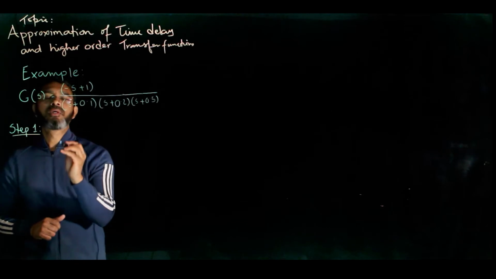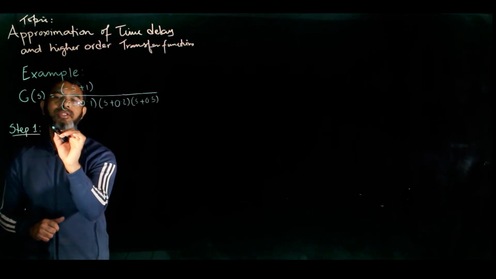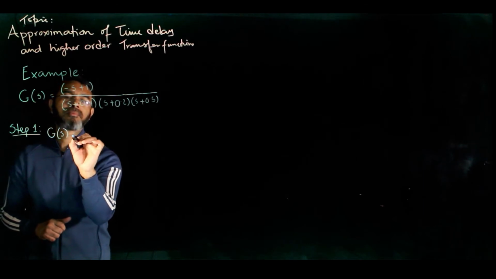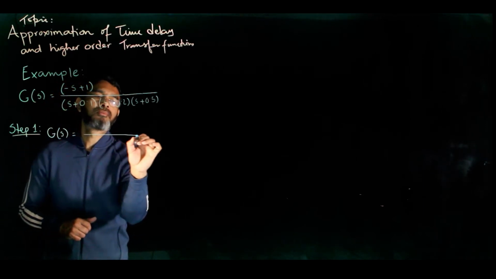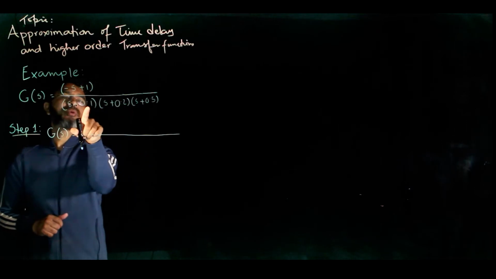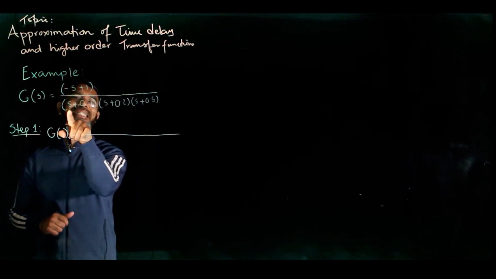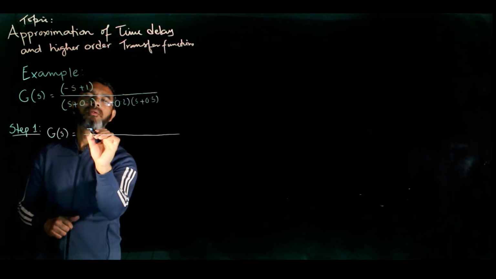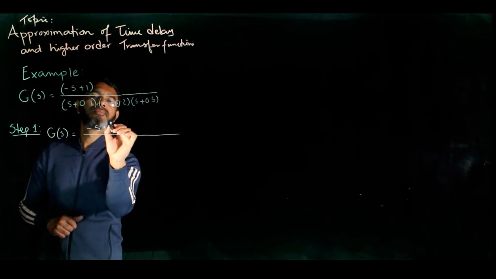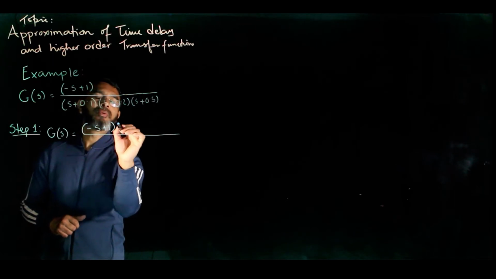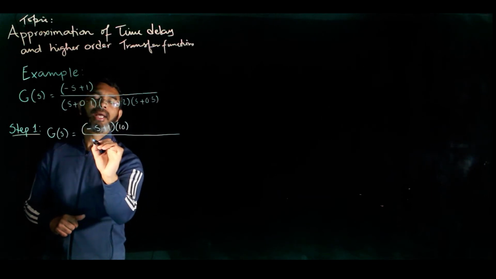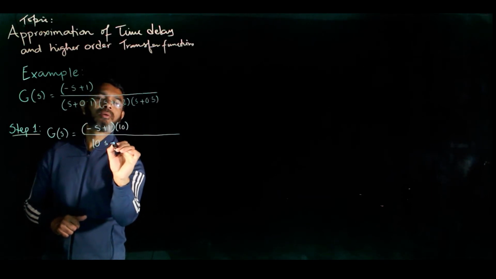So to do this, we rewrite the transfer function. To make this term 1, we have to multiply it by 10. So if we multiply it by 10, it will be 10s plus 1. You have to multiply the numerator also by 10.